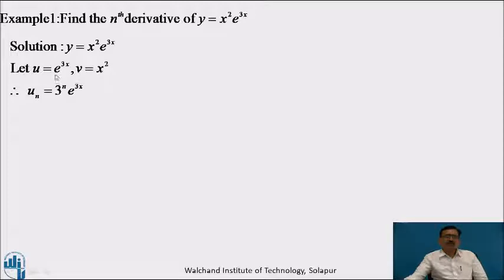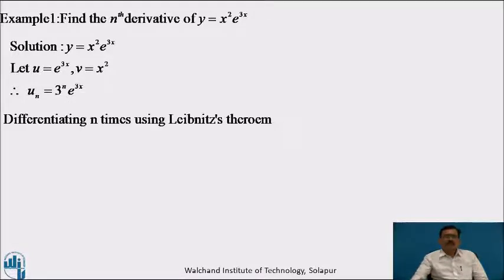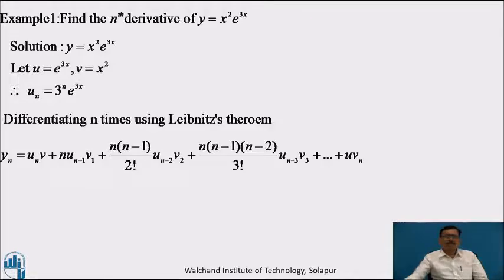And as we have already studied in earlier sessions, the nth derivative of e raised to ax is a raised to n into e raised to ax, that is nth derivative of e raised to 3x is 3 raised to n into e raised to 3x. Now differentiating n times using the Leibniz theorem. Again here we will state the Leibniz theorem.